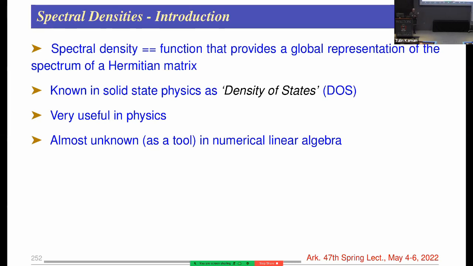Essentially, what you get is a probability distribution for having eigenvalues at any given point on the interval. That's very important because if you can construct that very quickly, then you have a good view of the spectrum. And these tools that have been developed are very cheap.